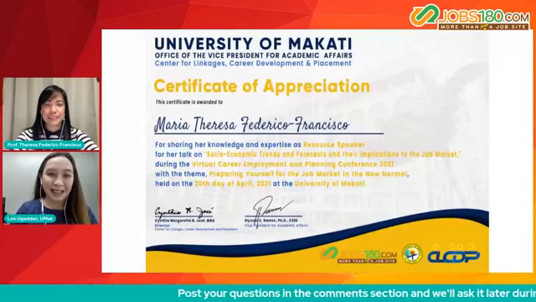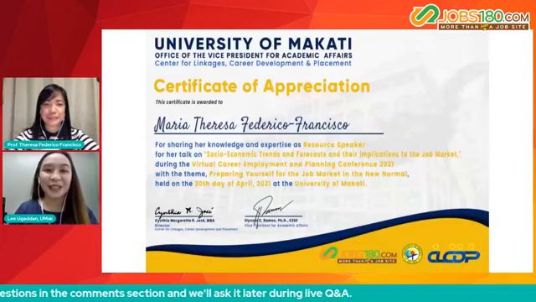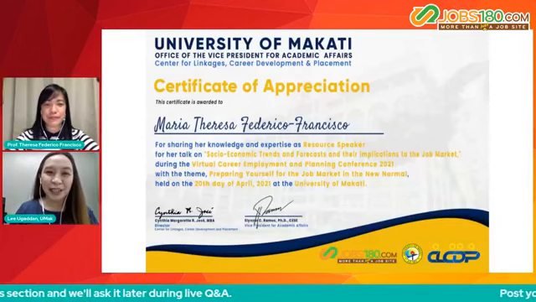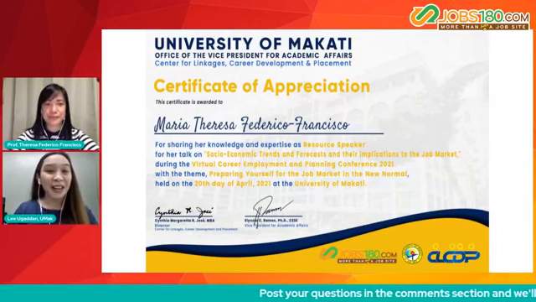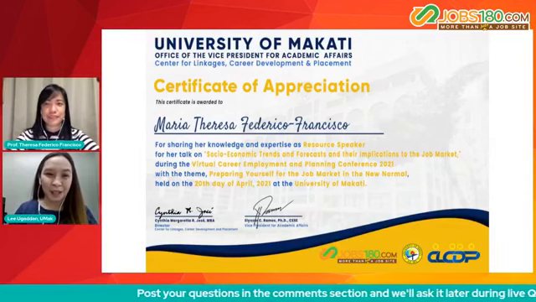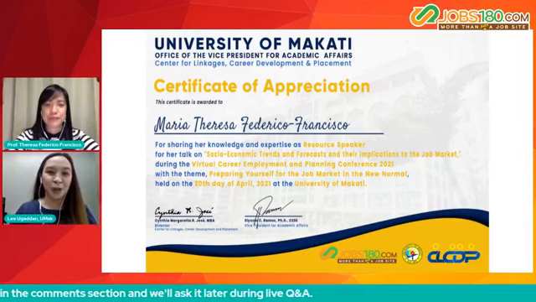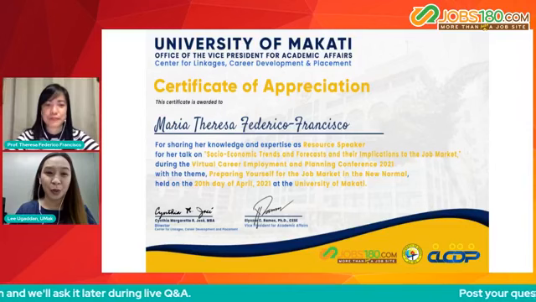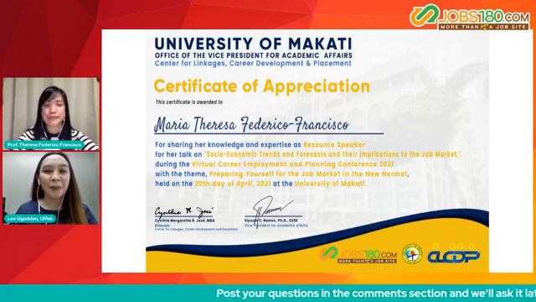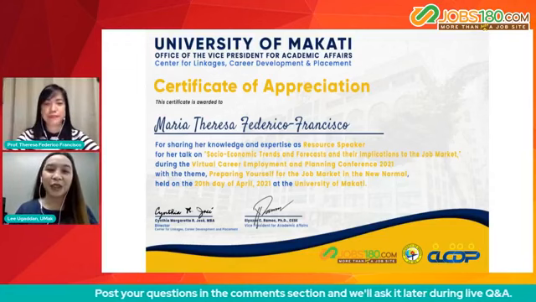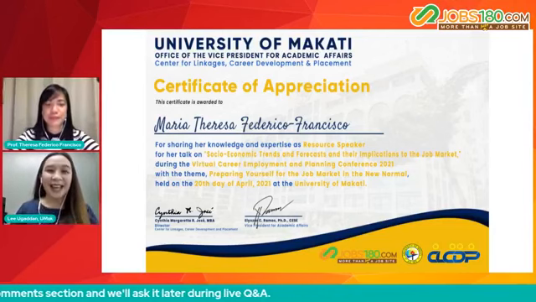University of Makati, from the Office of the Vice President for Academic Affairs and the Center for Linkages and Career Development and Placement, awards the Certificate of Appreciation to Professor Maria Teresa Federico Francisco for sharing her knowledge and expertise as a resource speaker for her talk on socioeconomic trends and forecasts and their implication to the job market during the Virtual Career Employment and Planning Conference 2021, with the theme Preparing Yourself to the Job Market in the New Normal, held on the 20th day of April 2021 at the University of Makati virtual space.